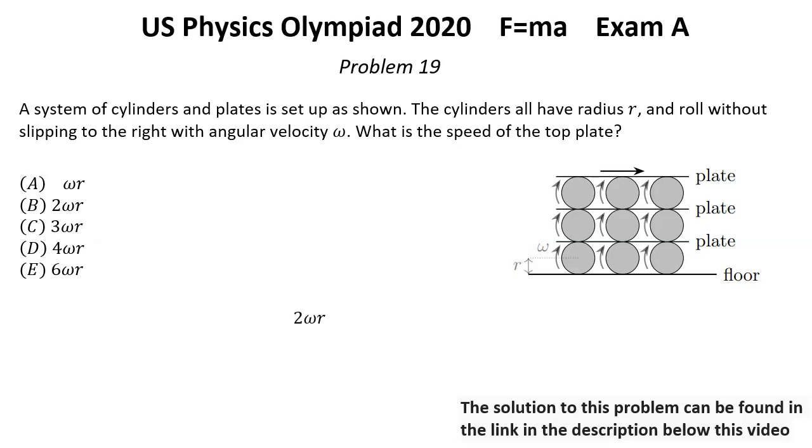So the first plate is moving to the right at this speed 2 omega r. The second plate moves to the right at 2 omega r faster than the first plate. And the top plate moves to the right at speed 6 omega r. That's answer E, and that was solution for problem number 19.